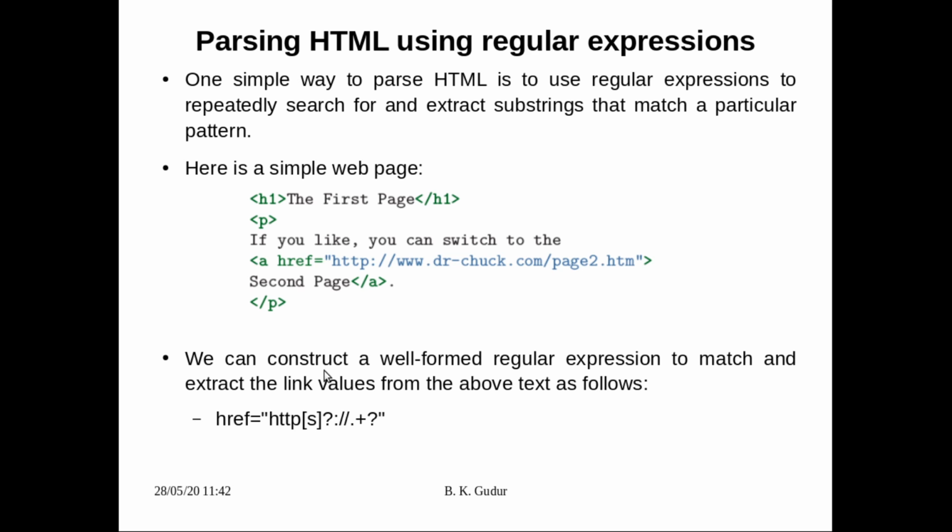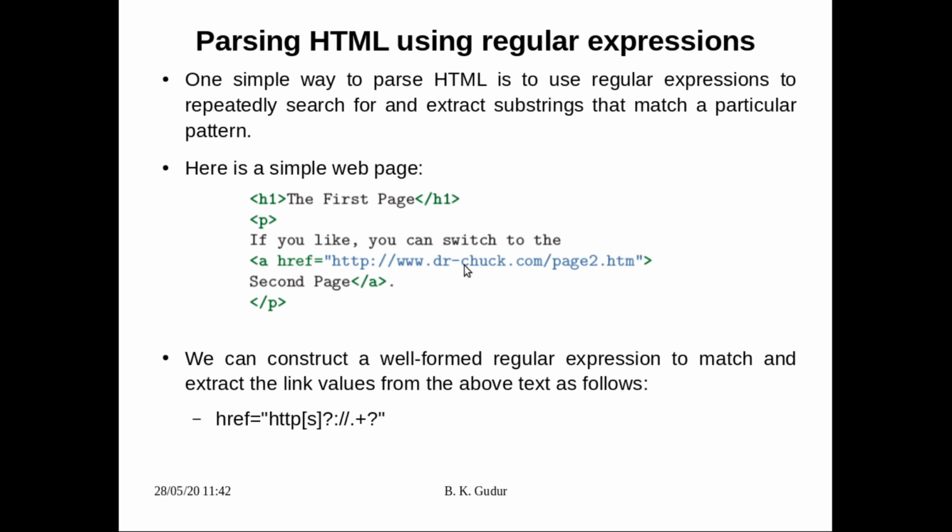We can construct a well formed regular expression to match and extract link values, such as this link. Using a regular expression, we try to extract all the links in a particular web page.